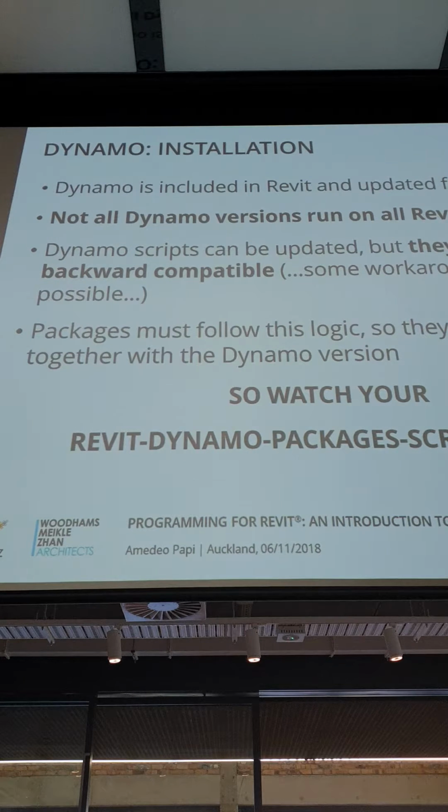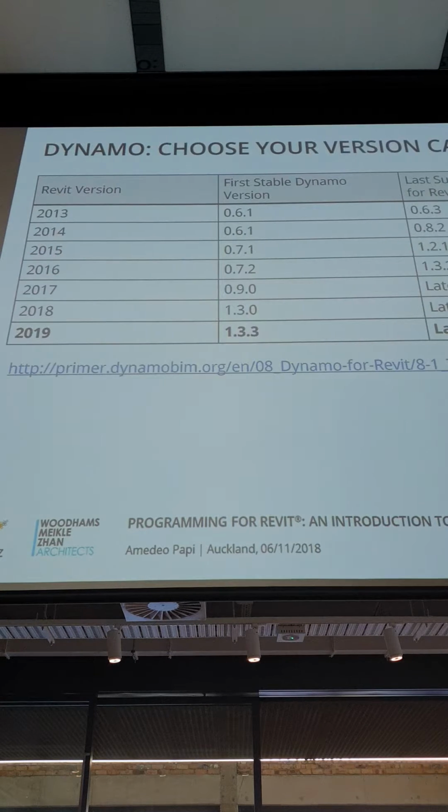If you start developing in a very recent version, you cannot use it in former and older installations. So watch your Revit, Dynamo, packages and scripts stack. You need to choose your version very carefully.